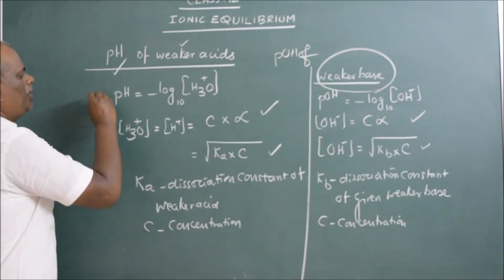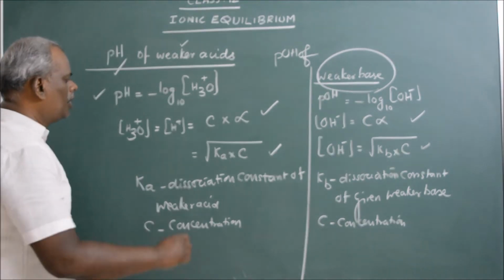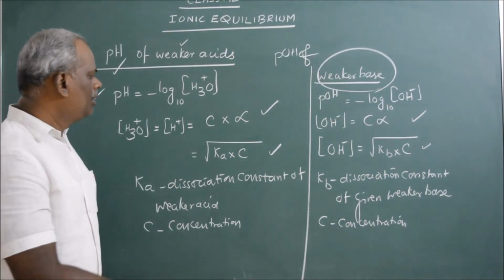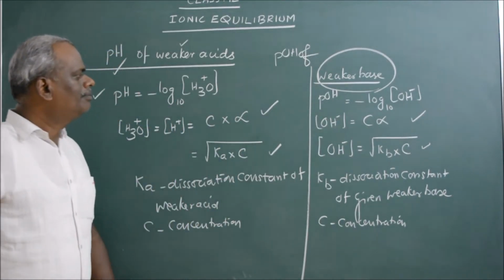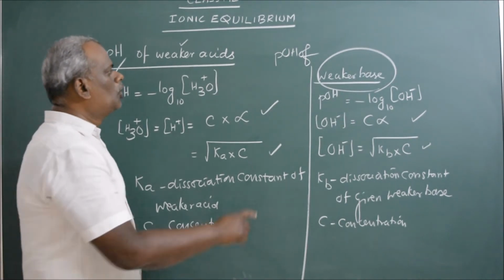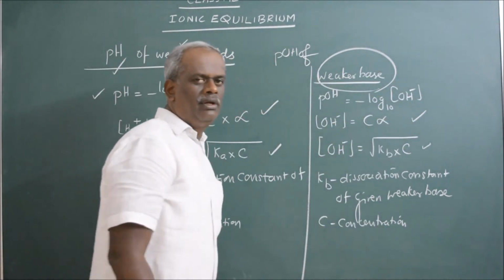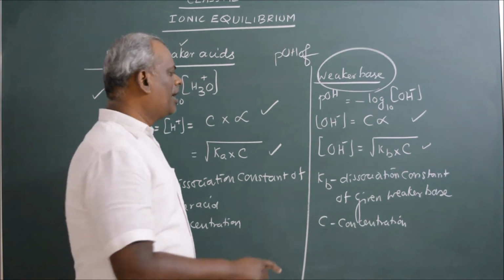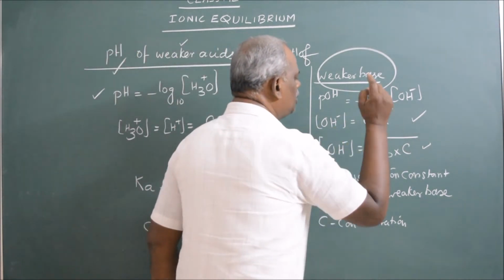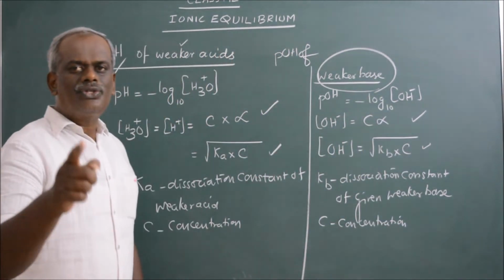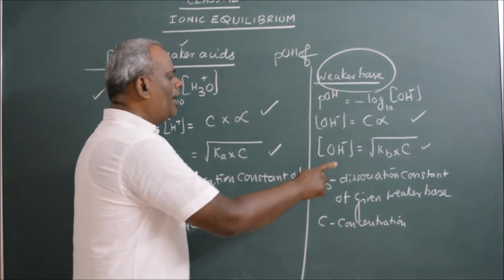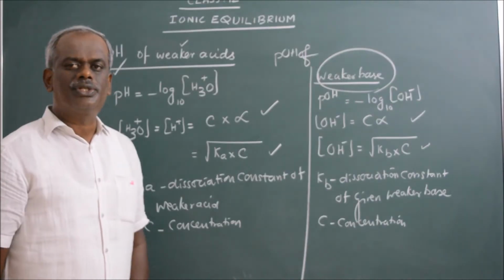To calculate the pH, we should know the hydrogen ion concentration, which is C into alpha. And in order to know the pOH of a weaker base, you should be provided with the hydroxyl ion concentration, that is C into alpha, where C is concentration and alpha is the degree of dissociation.